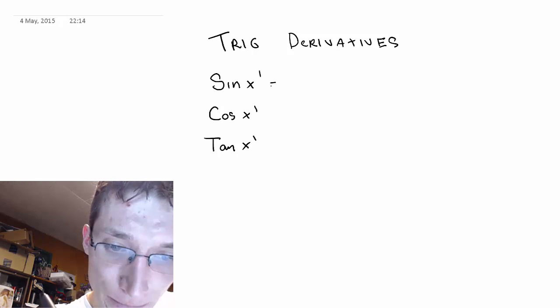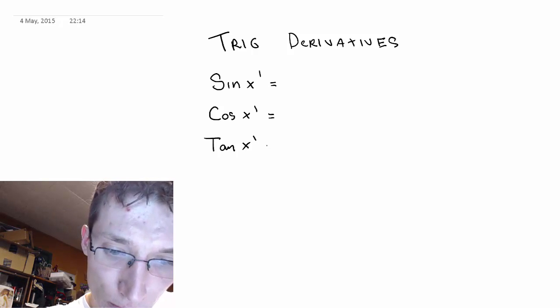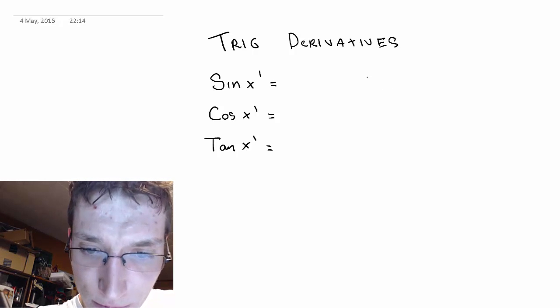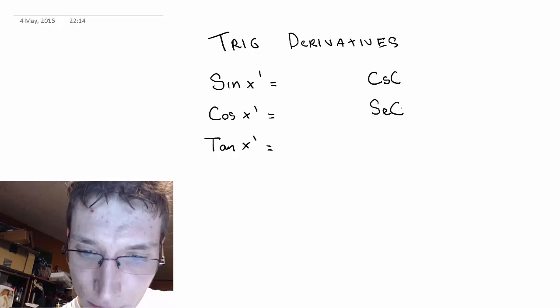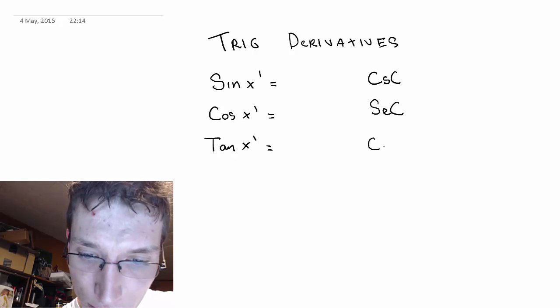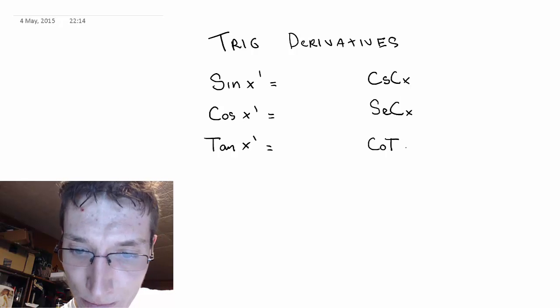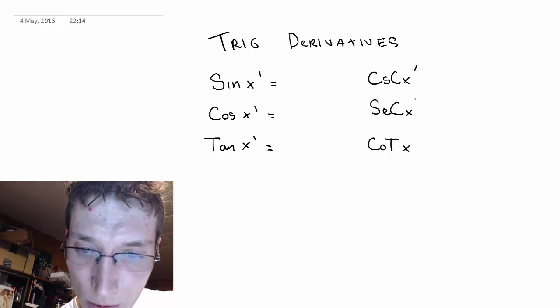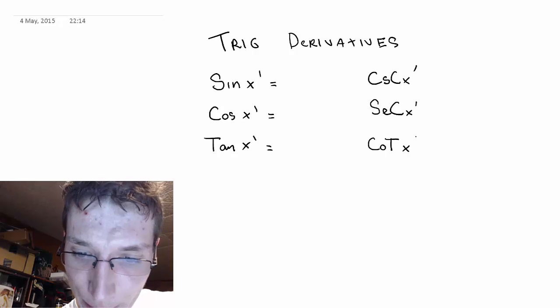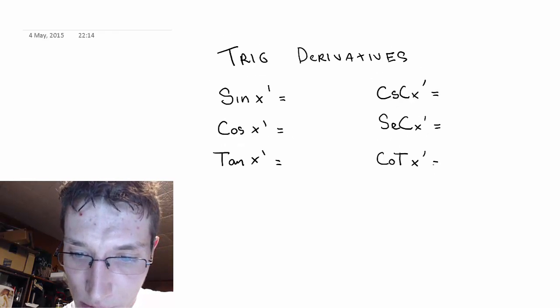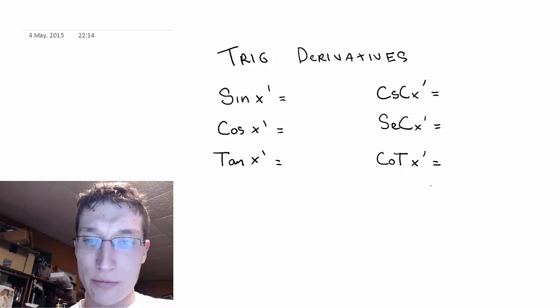Prime equals. So this is going to be secant and cotangent prime equals. So that's the first step.